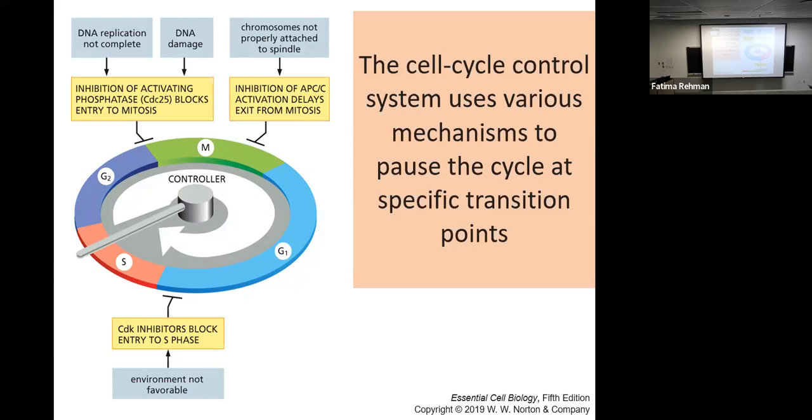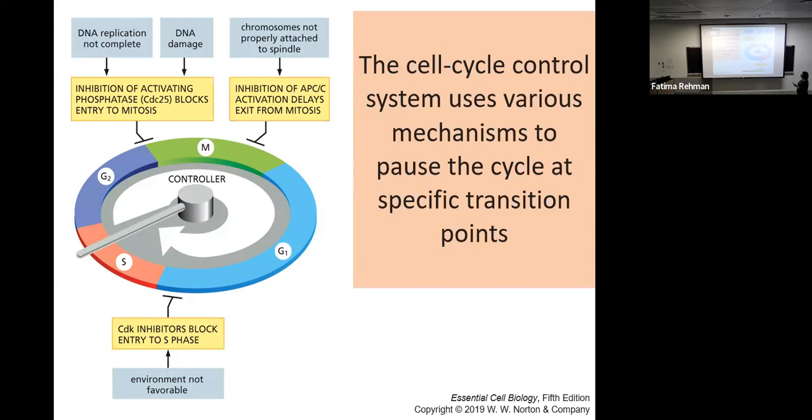Similarly, at the G2 to M phase, if there is DNA damage or the replication is not complete, the p53 tumor suppressor protein is a very good checkpoint. It's a big checkpoint protein. And that can activate these inhibitory phosphatases or inhibitory complexes, for example, or CDC25, and block entry into mitosis, depending on what it needs to do.